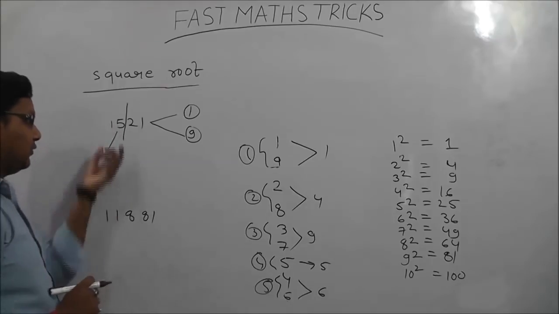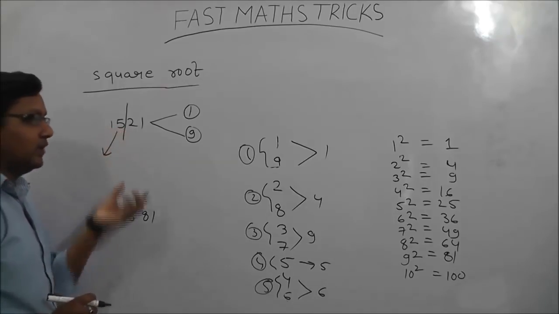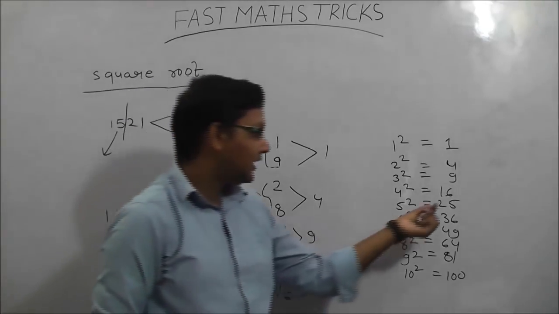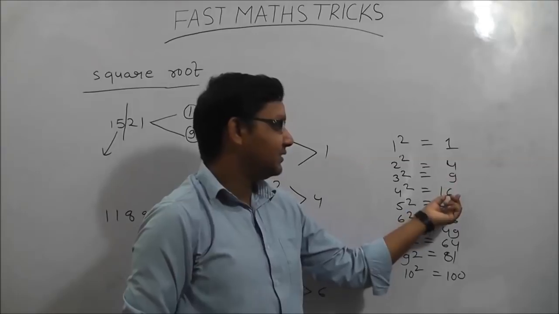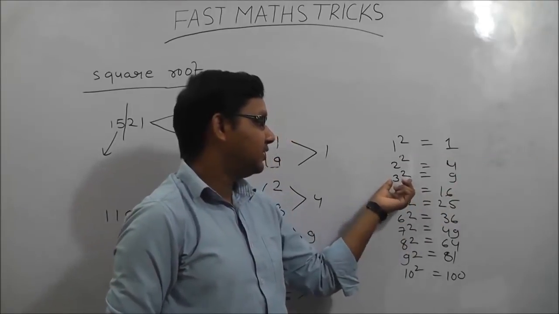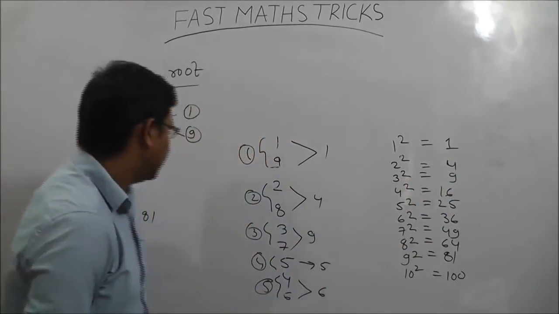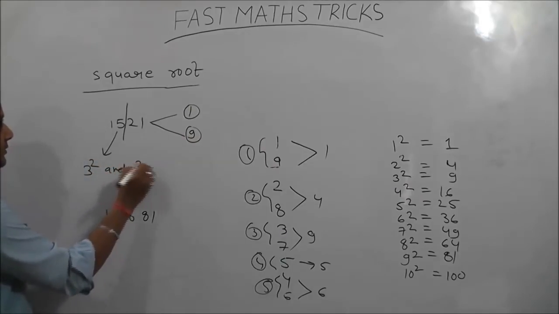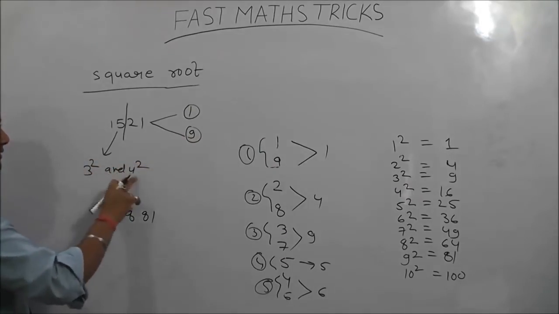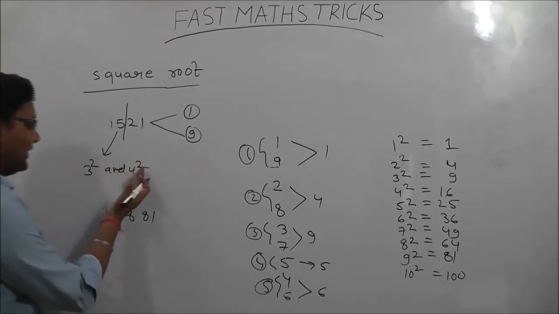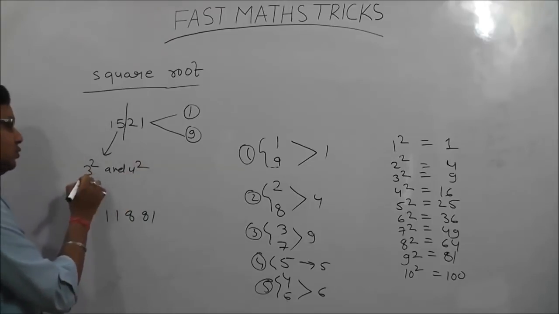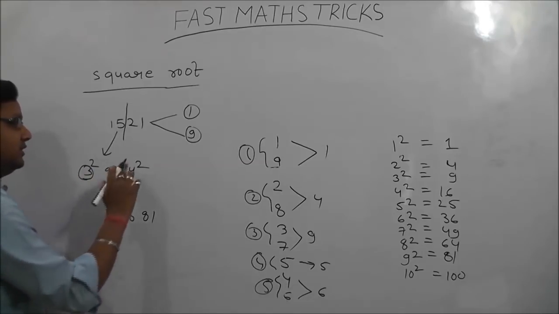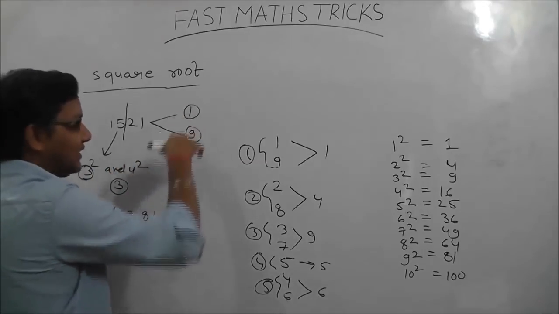For the remaining digits, that is 15, we have to see which two squares it lies between. 15 is lying between 9 and 16, that means 3 square and 4 square. So we have to take the lesser value, that is 3. So 3 will be our first digit, and now we have to find the last digit.